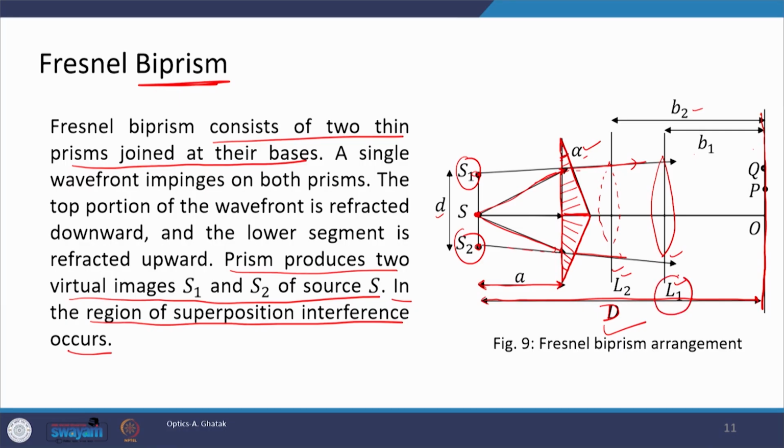I repeat, suppose we found the clear image of two sources for lens position L1, then at this lens position L1, using the cross wire in the eyepiece or the micrometer scale, we can measure the separation between the two sharp sources. And let us assume that this separation is d1.